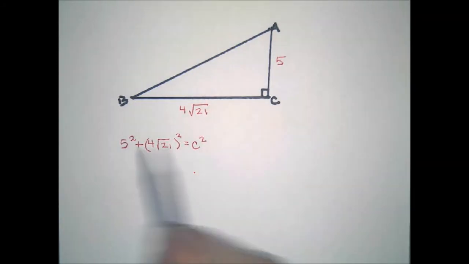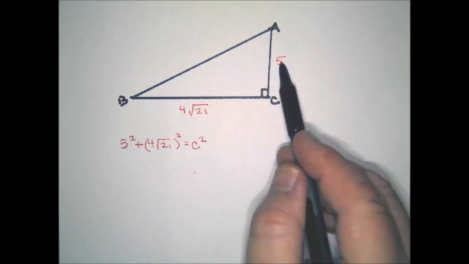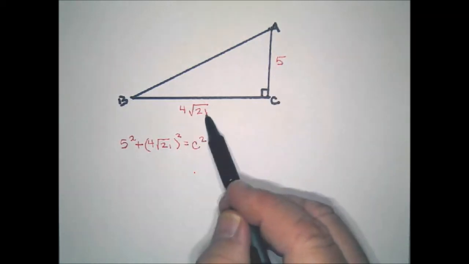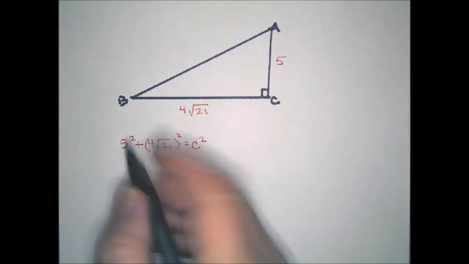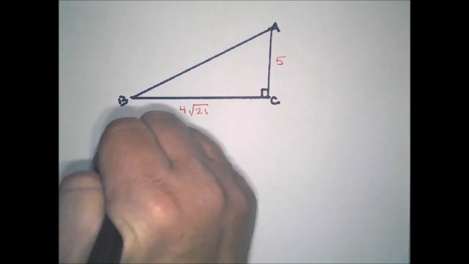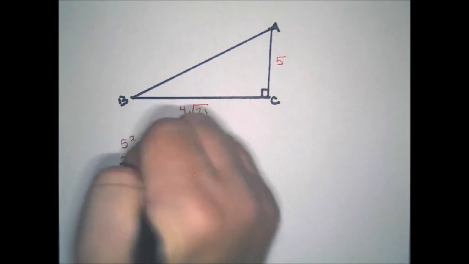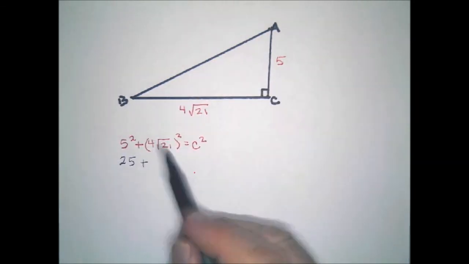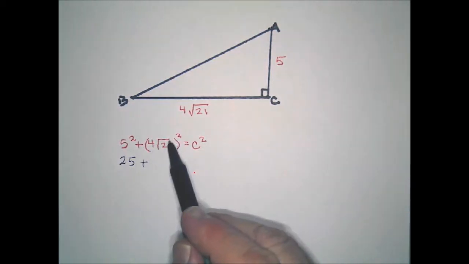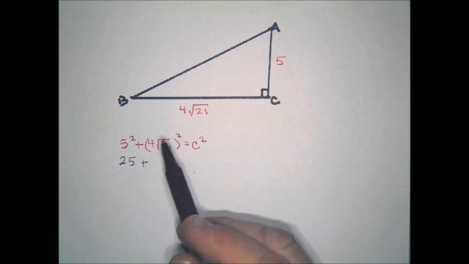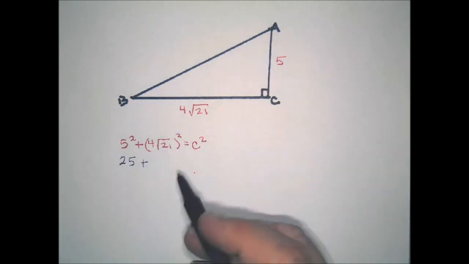Now, I've already set up the equation 5 squared plus (4 square root 21) squared equals c squared. A squared plus b squared equals c squared. So let's work this out. 5 squared is obviously 25. Now, (4 square root 21) squared would be 4 squared, which is 16, times 21, which is 336.